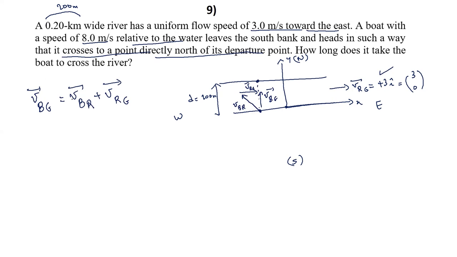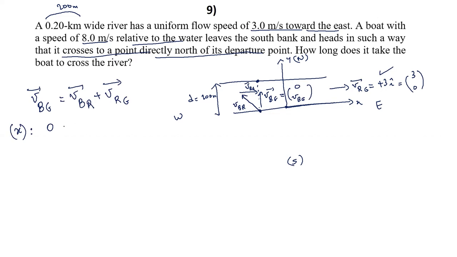That means it's true along the x-axis, but also along the y-axis. So along the x-axis, what will I have? I will have VBGX. By the way, what is VBGX? As you see here, VBG does not have any component along x. It should be purely along y. So VBG here has 0 component along x, and along y, it will have a magnitude of VBG. So VBGX is 0.